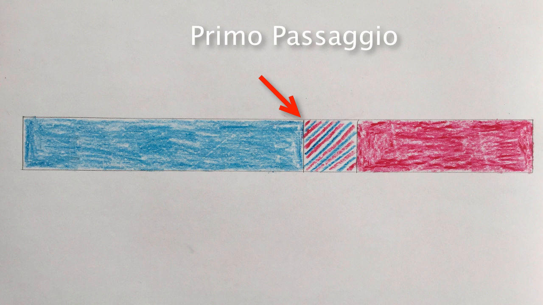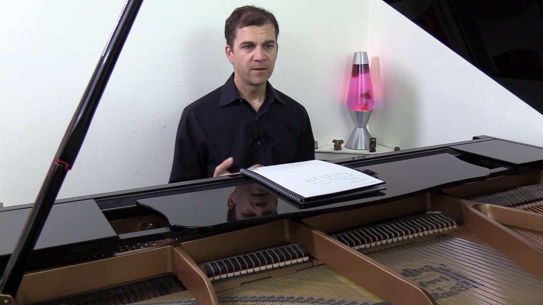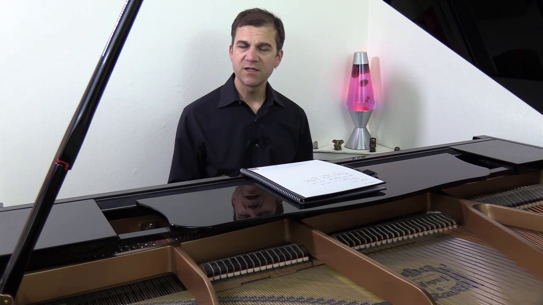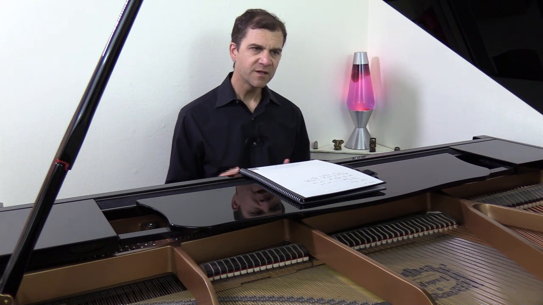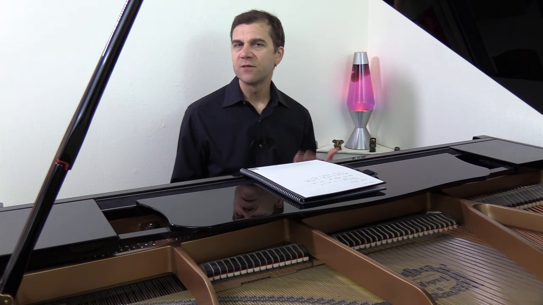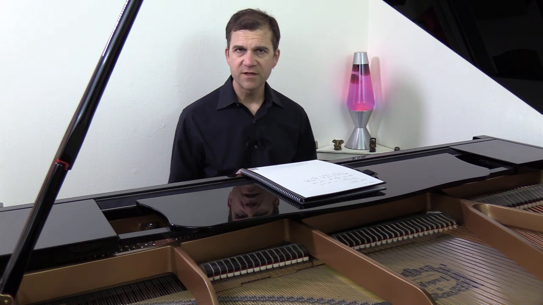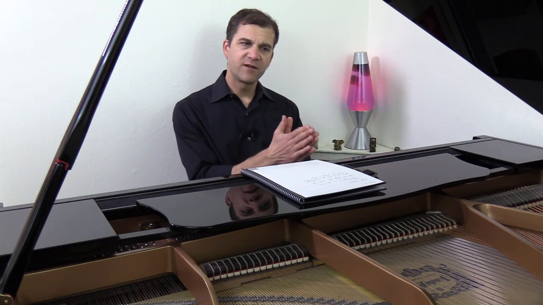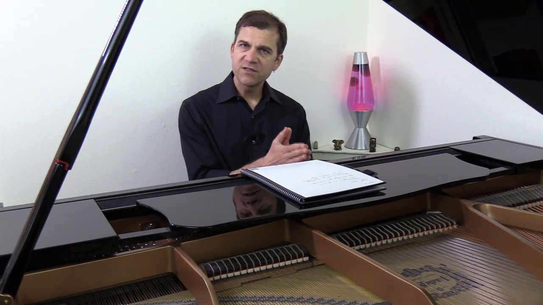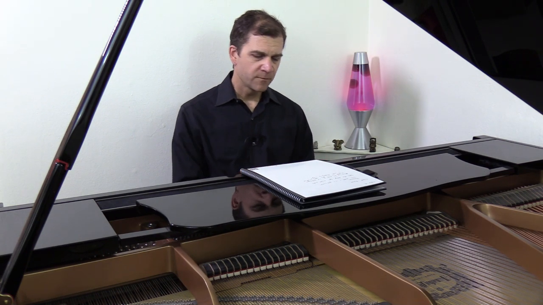That first line will be the primo passaggio. Now most male vocalists, I should say, will sing past the primo passaggio without so much as noticing it. And that leads to some confusion around the break and the zona de passaggio and mixed voice, and all of those sorts of things get perpetuated by the fact that we mostly don't notice that. But it's still there, and it's still very important.